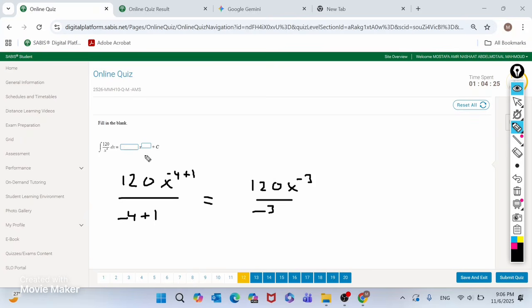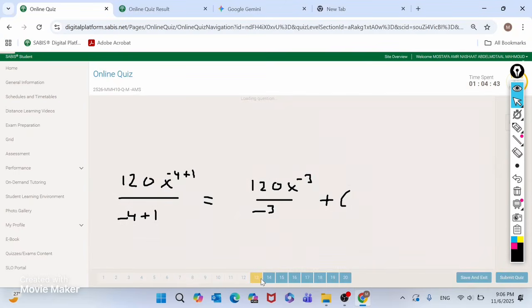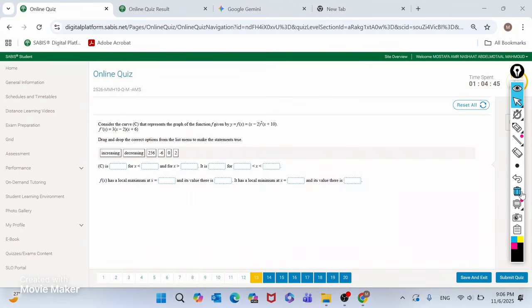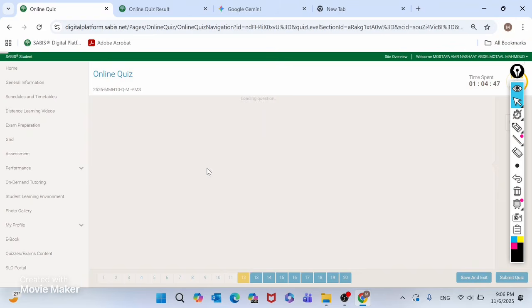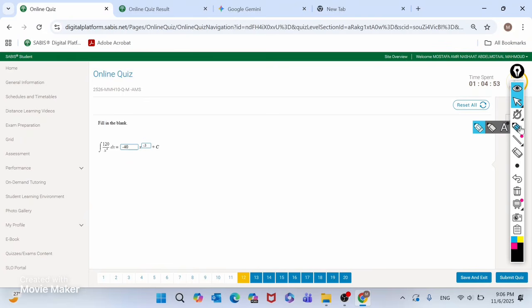So 120 over negative 3 is negative 40, and this is x to the negative 3. Guys, don't forget the plus c. You don't use it to solve, but you need it for the answer to be right. When you're solving questions like this, just write the plus c down so you don't forget it in the final answer.